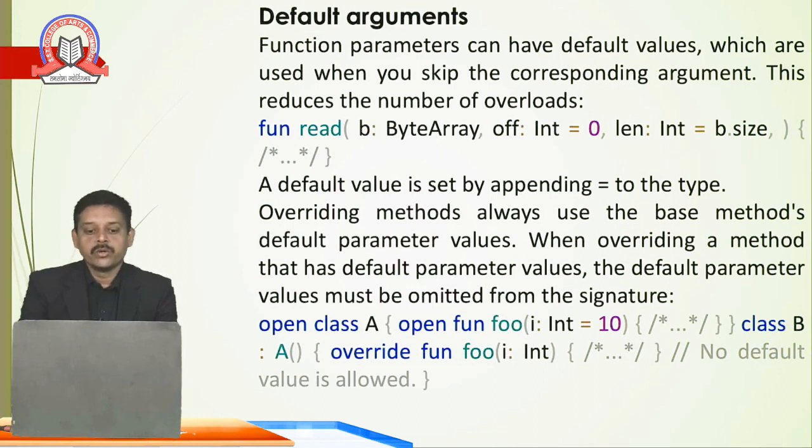So if we use it in another class, for example class B, it will override the value and it will use a default value for the function foo, but for another class it will override the value and we do not have any default value for the function.